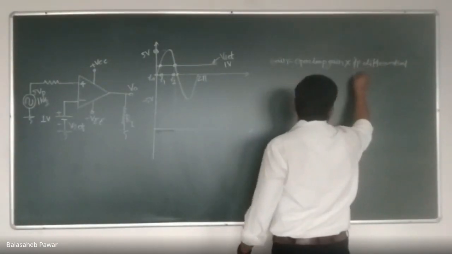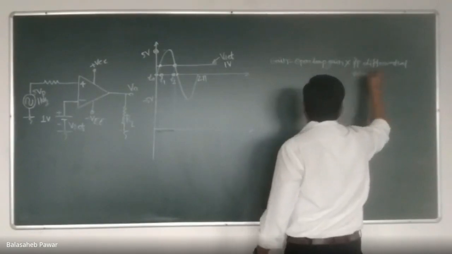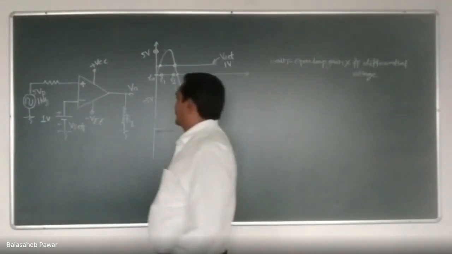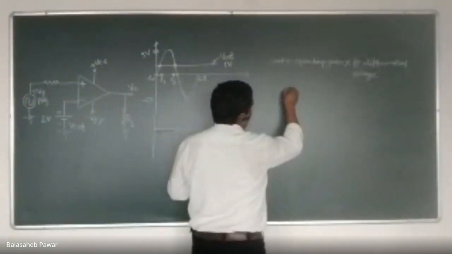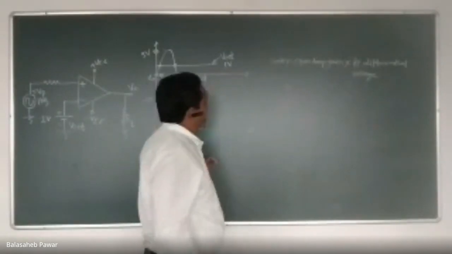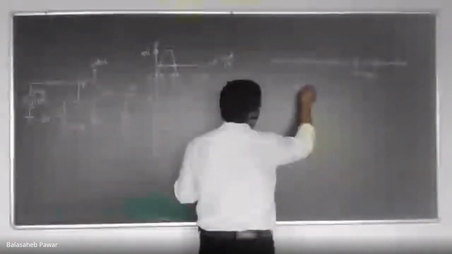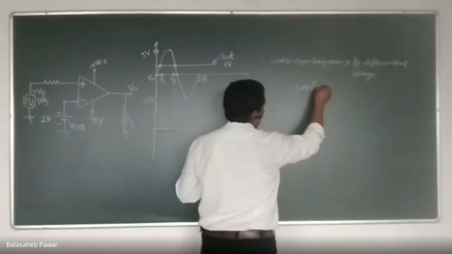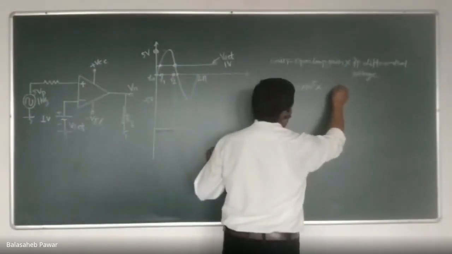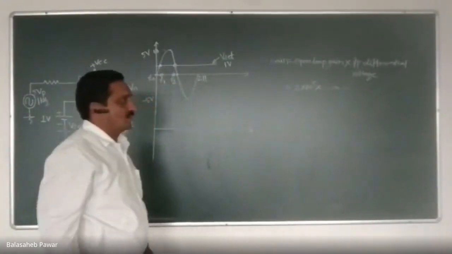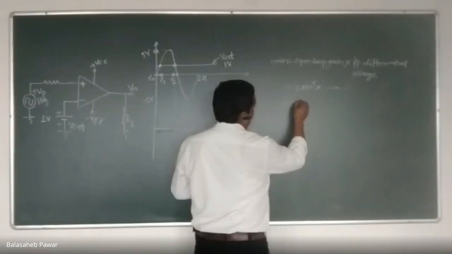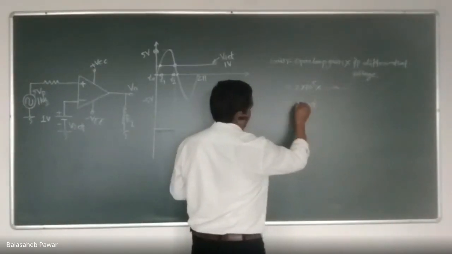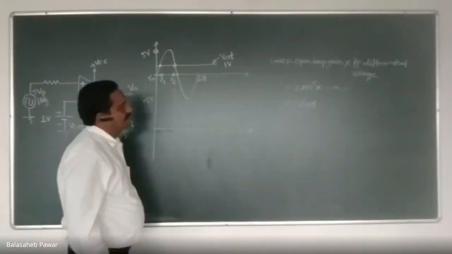You already studied these things last year. So you will observe that the open loop gain of the op-amp is very high. For our general purpose op-amp, the 741, it is 2 into 10 raised to 5, into the input differential voltage, whatever it may be, just above 0 volt. You will observe the output of the op-amp will be equal to the saturated output. Do you agree with this?